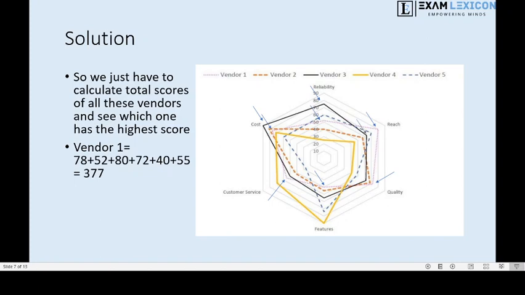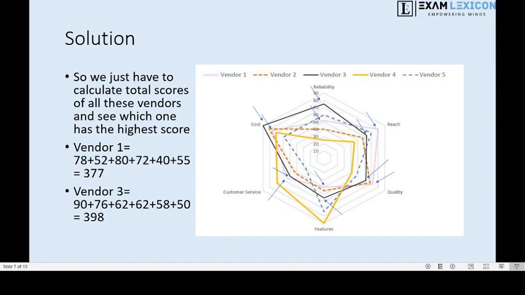Next, reach is just above the 60 mark, so we'll take it to be 62. Sorry, for customer service it is on 50, and for features it is on 58, whereas for quality again it was on 62. So for vendor 3, if we calculate its total, we get 398.